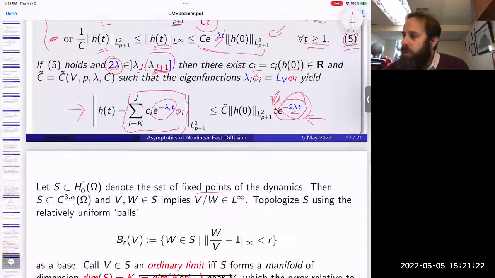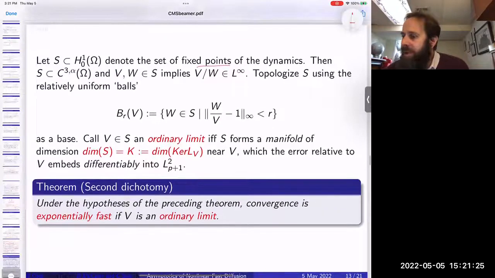Okay. So now my second dichotomy tries to address when the neutral modes can ruin the exponential rate of convergence. So I'm going to look at fixed points V in the Sobolev space, which are fixed points for the dynamics. A priori, they could be weak solutions, but it turns out they go to zero at the boundary, and in the interior they're Holder 3 times differentiable.